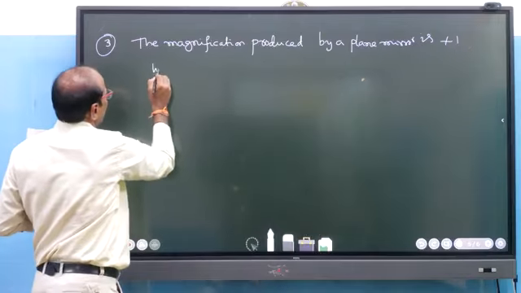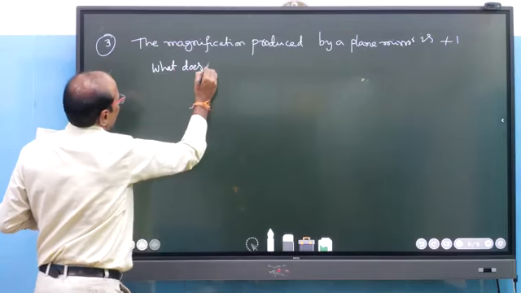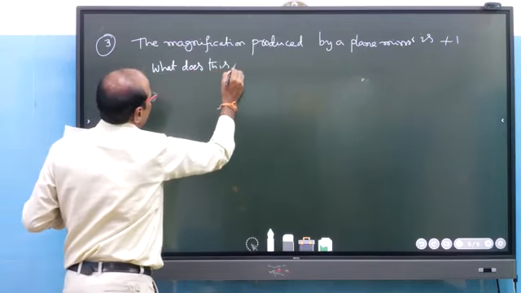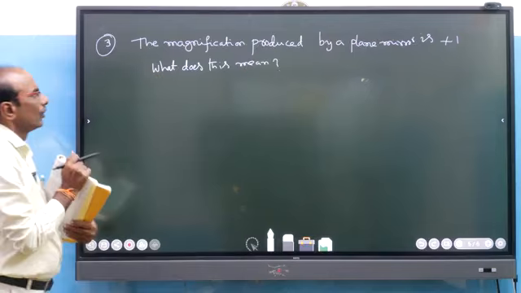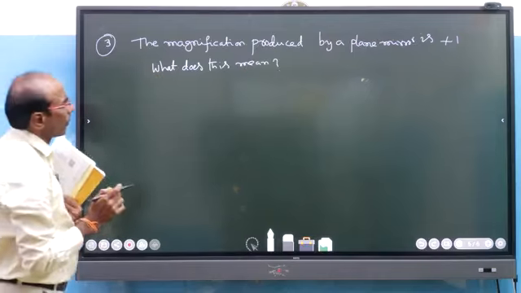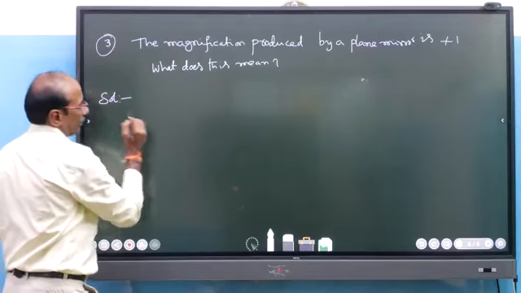What does this mean? We have to find out. The magnification produced by a plane mirror is +1. The solution for this problem is as follows.